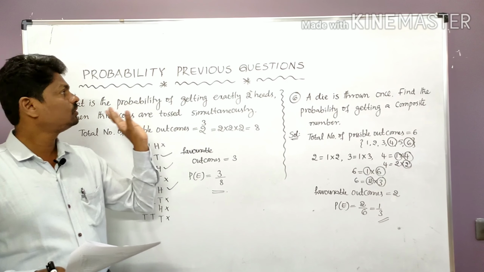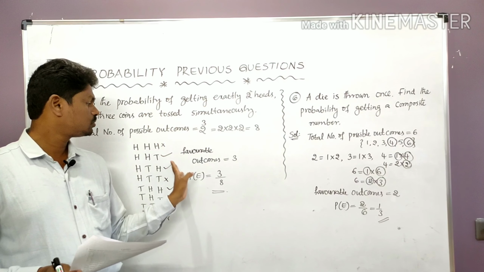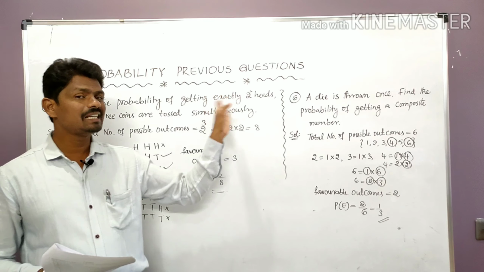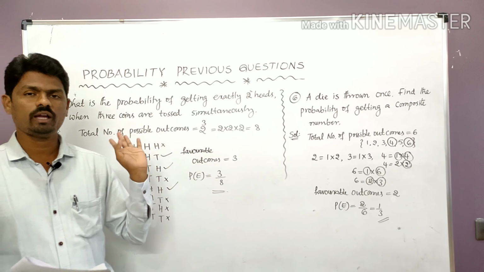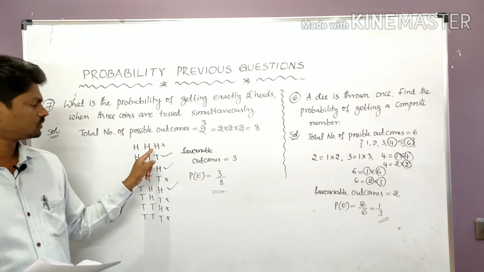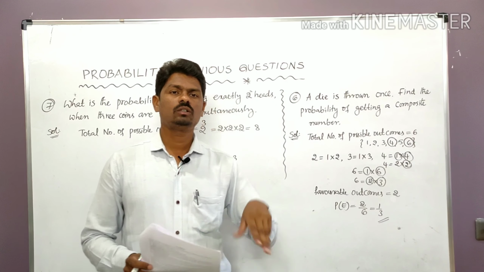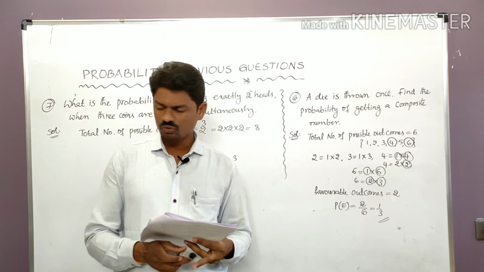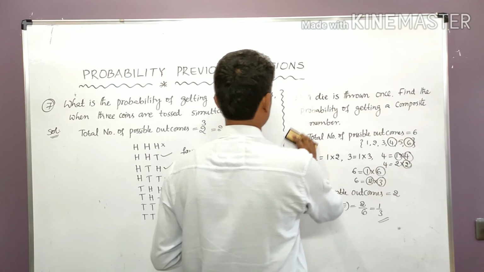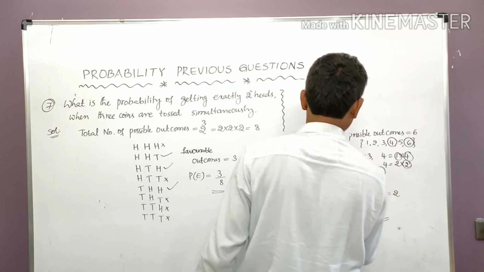So you have to read very carefully, student. If it is exactly 2 heads, then it is 3 by 8. If he asks getting at least 2 heads, then it becomes 4 by 8. With only one word the answer changes. So this is the probability of getting exactly 2 heads, 3 by 8.